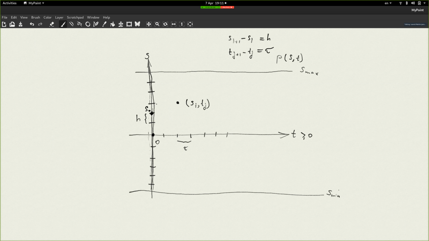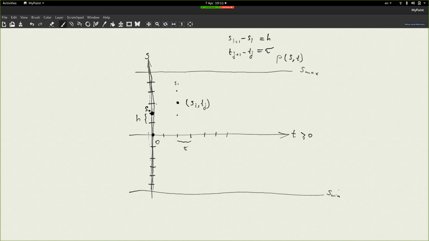Now, at any time t, for example t_j, we consider the neighboring points to our point s_i. So this is the next one, s_{i+1}. This is the point s_{i-1}.